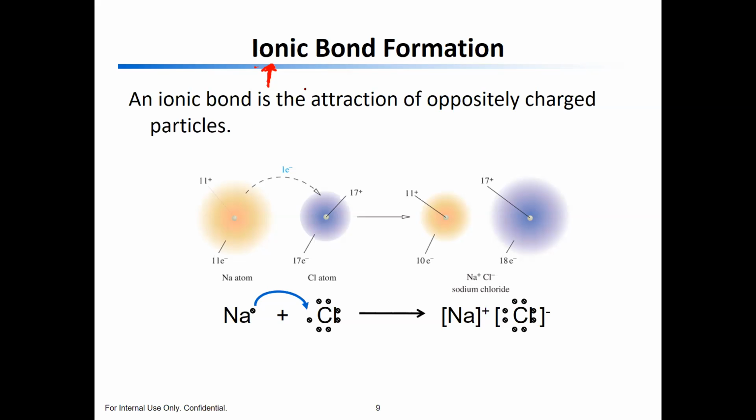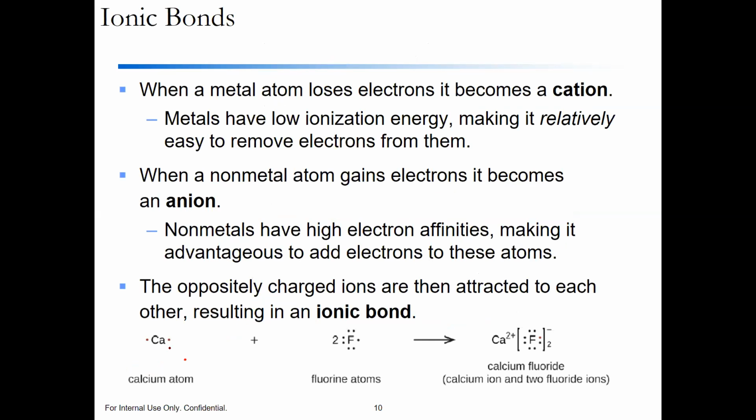So this is a bond based on charge. So let's see what happens. I get sodium and chlorine. Sodium has 1 valence electron, chlorine has 7. The chlorine goes, oh my gosh, I just need one more electron to become like a noble gas. So the chlorine really, really wants 1 electron. But what about sodium? What's the electron configuration for sodium?